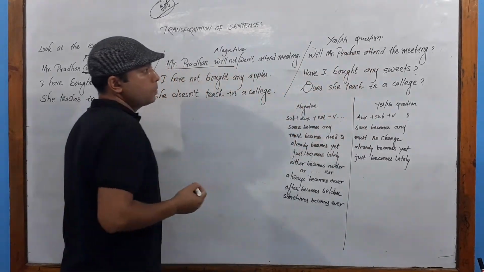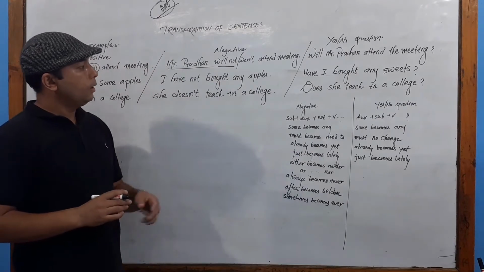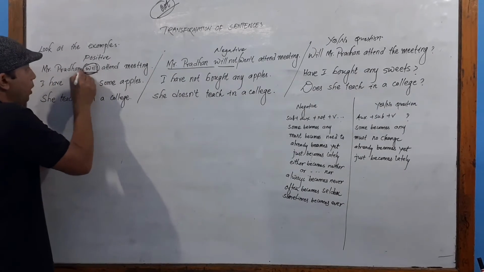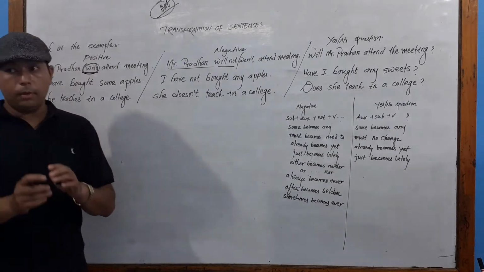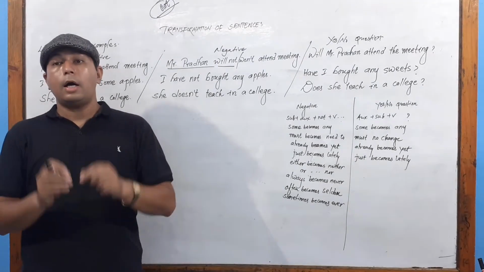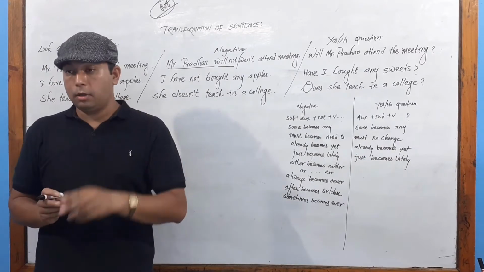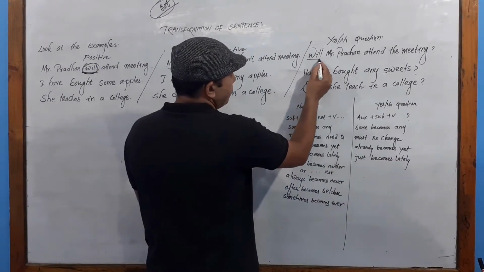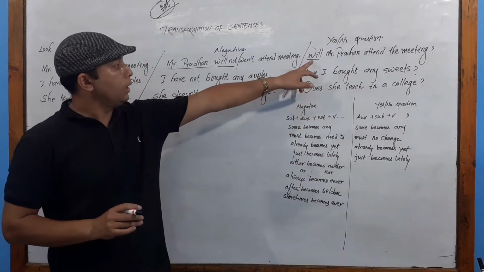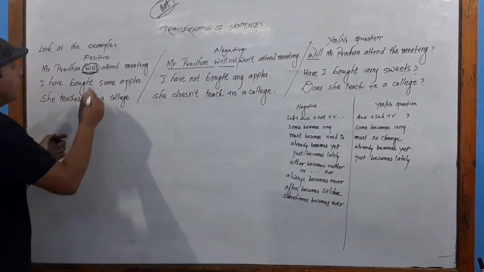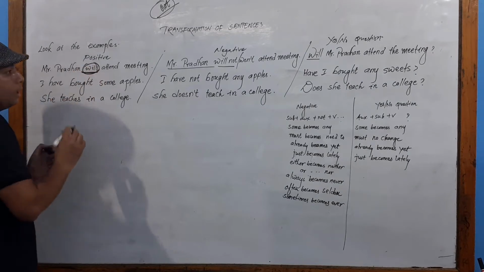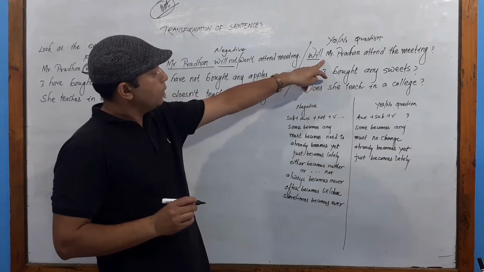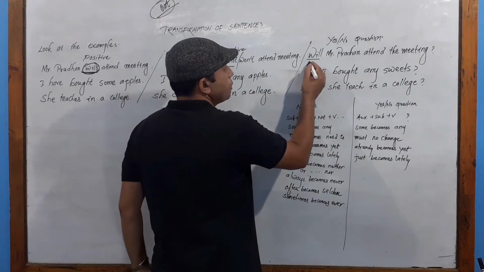In the same way, let's talk about how to change into yes no questions. In yes no questions also, we have to remember the same auxiliary verb. Remember that a yes no question starts with an auxiliary verb. So I have written will here. Same will. यो will लाई के गर्दिने अगाडि राखिदिने. Then this is the auxiliary verb.